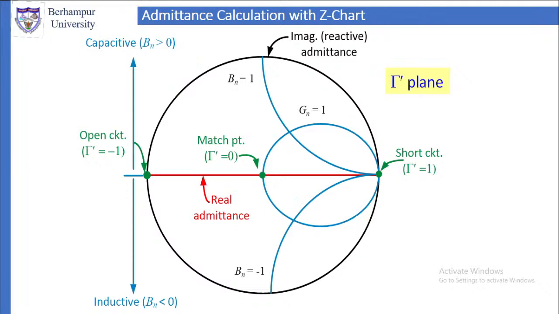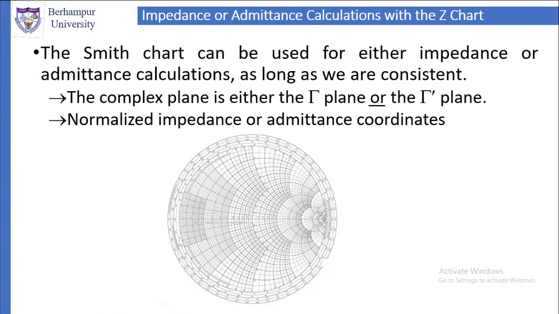So you can use a Smith chart or Z chart for admittance calculation. Then how do we calculate the impedance or admittance using the Smith chart? As we have discussed up to now, this Smith chart can be used for either impedance or admittance calculation as long as we maintain consistency. The complex plane is either the gamma plane or the gamma dash plane: gamma plane for impedance calculation, gamma dash plane for admittance calculation.